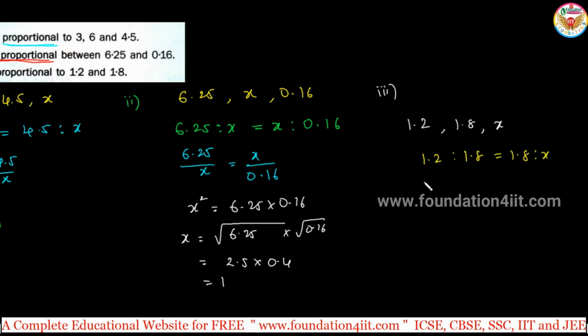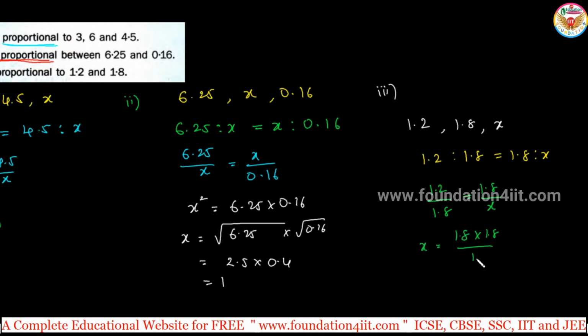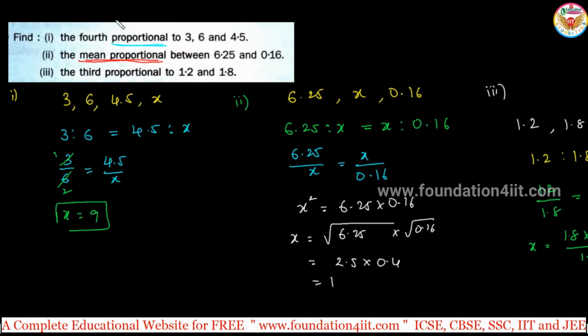Then 1.2 divided by 1.8 is equal to 1.8 divided by x. From this, x is equal to 1.8 into 1.8 divided by 1.2. Simplify everything, you'll get the answer 2.7. So that is the value of x, right? Whenever they ask for fourth proportional, mean proportional, or third proportional, you can use this method.